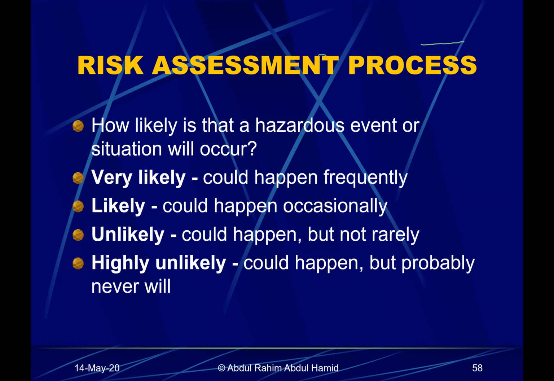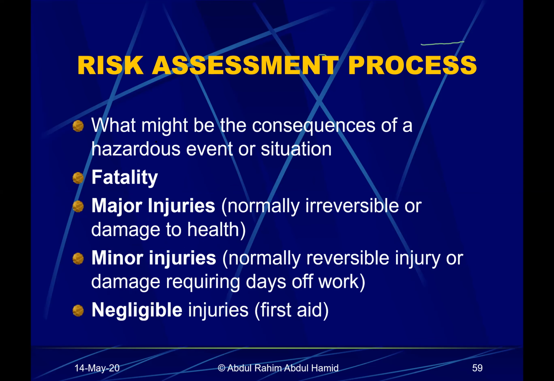An example, this is just an example of probability. We can have this 4 Likert scale, 4, 3, 2, 1. This is just example. 1 being highly unlikely, 2 unlikely, 3 likely, number 4 is very likely. And that's how you attach figure to the probability.